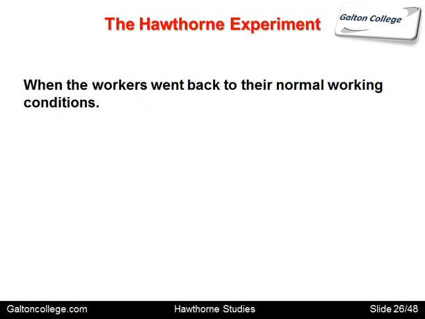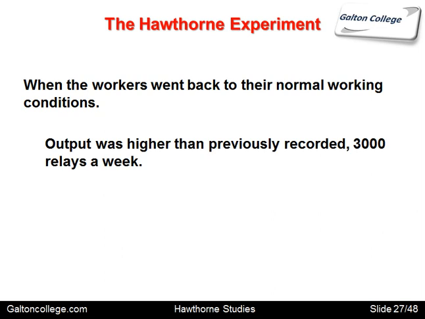When the workers went back to their normal working conditions, output was higher than previously recorded, 3,000 relays a week. So having gone through the experiment for several weeks, say 5 weeks, when they went back to their normal working conditions, output didn't fall back to 2,400. It stayed at around 3,000.